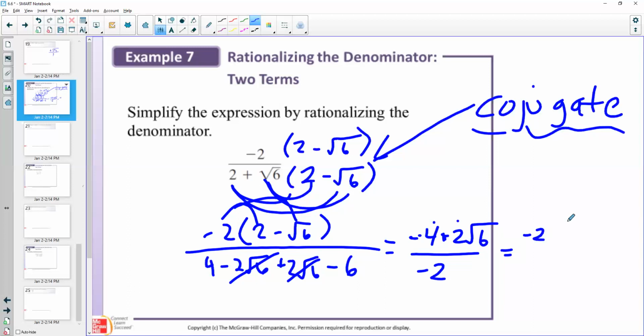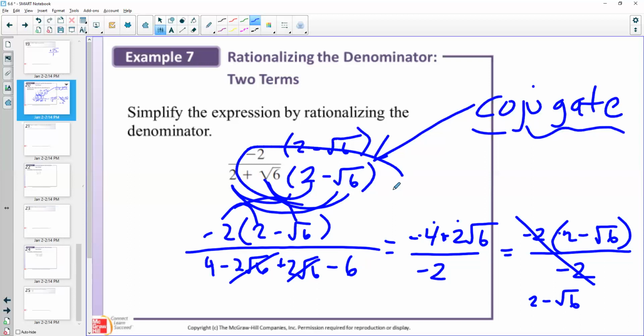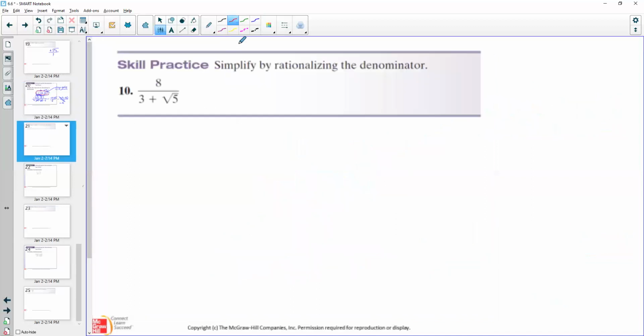And then I would get 2 minus radical 6 on the inside over negative 2. Those guys cancel. So my answer here is 2 minus radical 6. This is called rationalizing a denominator when there's something being added or subtracted in the denominator. That's a conjugate. So try it again.